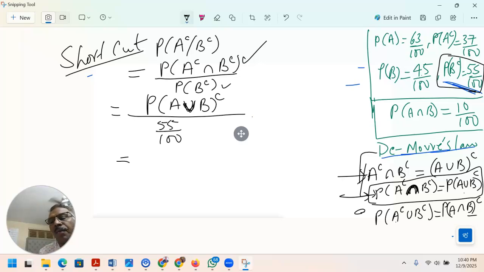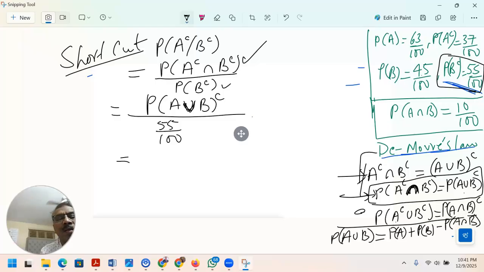There's another formula for A union B. The probability of A union B is, this is the addition rule, the probability of A plus the probability of B minus the probability of A and B.